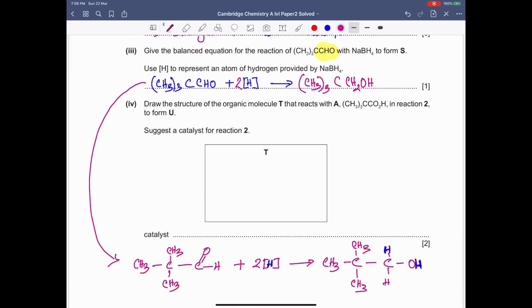Suggest a catalyst for reaction 2 and the structure of the organic molecule T. Since we have this in a skeletal formula on our previous page, we should answer with a skeletal formula. So propan-2-ol. The catalyst will be a few drops of concentrated sulfuric acid.